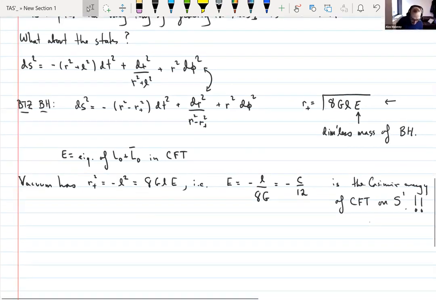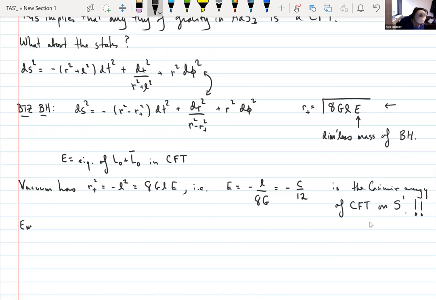Great. So empty AdS is identified as a vacuum state in a CFT with energy minus C over 12.